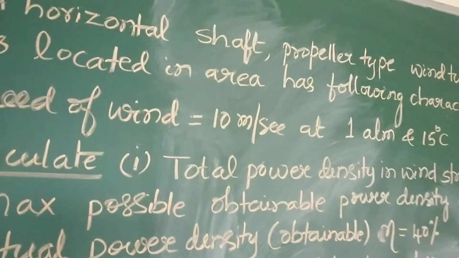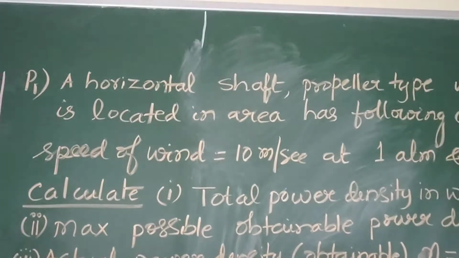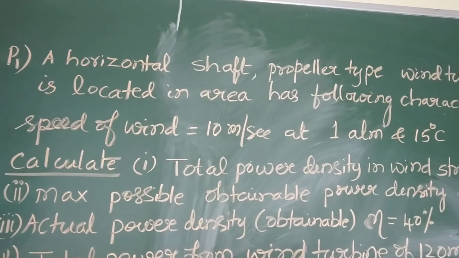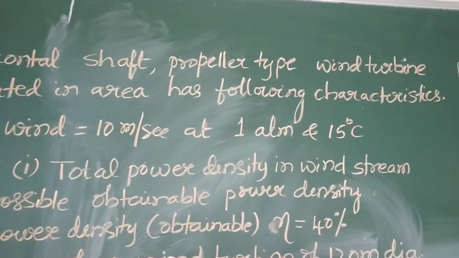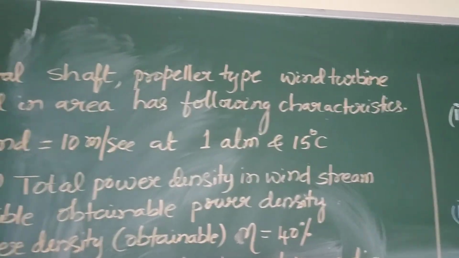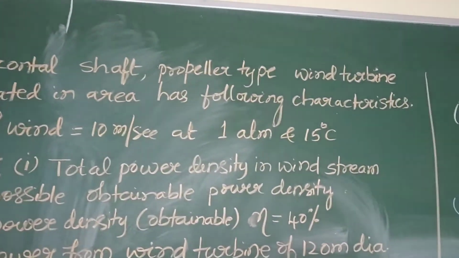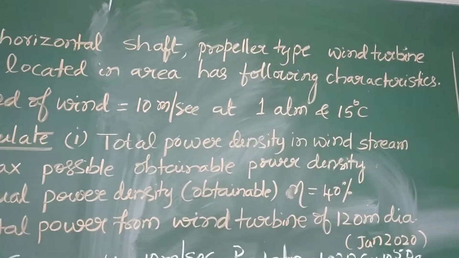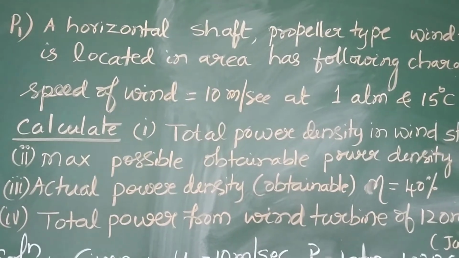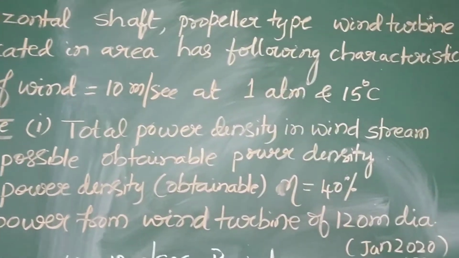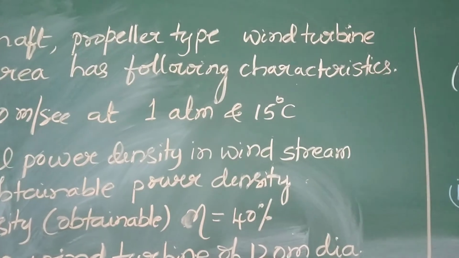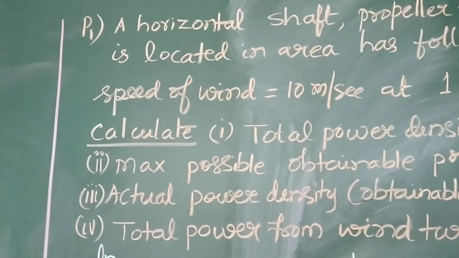Now let's move on to a numerical. A horizontal shaft, propeller type wind turbine is located in an area with the following characteristics. Speed of wind equals 10 meters per second at 1 atmospheric pressure and 15 degrees centigrade.